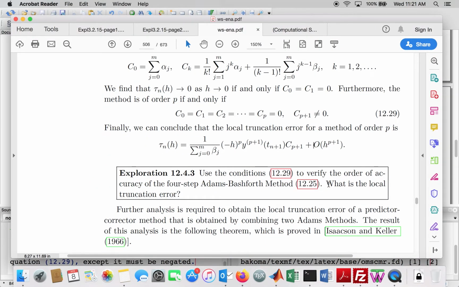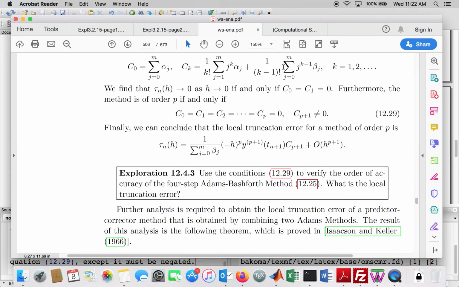Which is assigned in the homework: what's the local truncation error of a 4-step Adams-Bashforth method? And that's given in a previous problem. So the idea is you would have to work out these constants to see what the order of accuracy is.